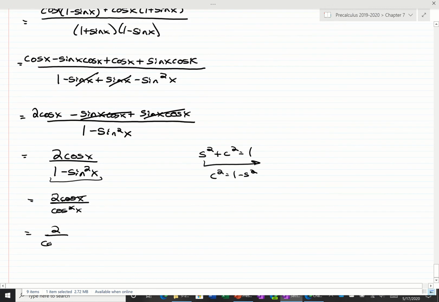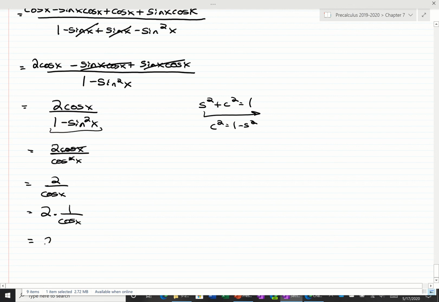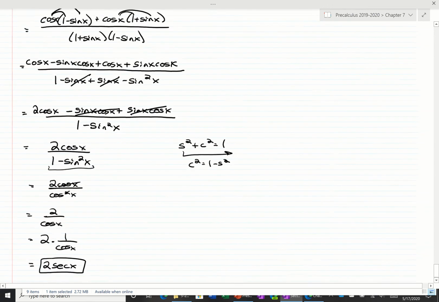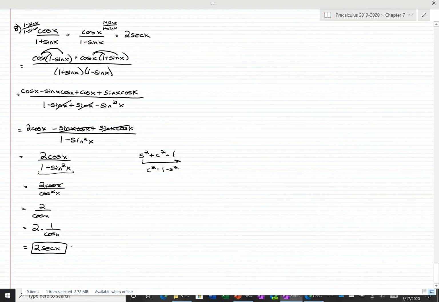And 2 over cosine is the same thing as 2 times 1 over cosine, which is 2 secant, which is what we wanted. That's the same thing as on the right. Alright, so a lesson with this problem, just make sure you're careful when you're distributing, right? Just basic stuff. Make sure you don't make any careless mistakes.